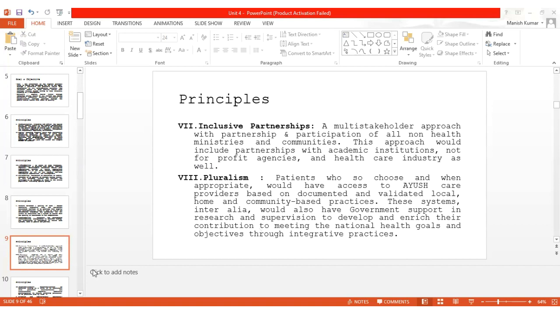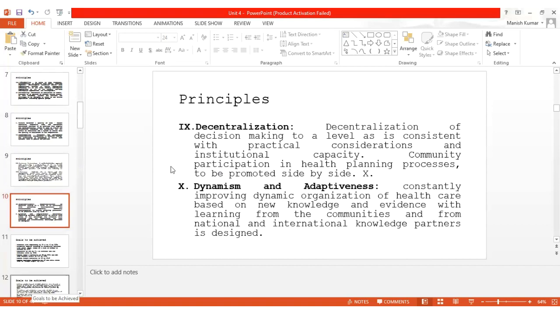Great. So the ninth and 10th principles are decentralization and dynamism and adaptiveness. Decentralization is in terms of decision making. The smallest unit working in any community is the VHSNC, the Village Health, Nutrition and Sanitation Committee.